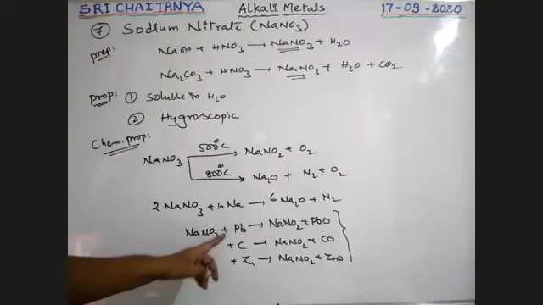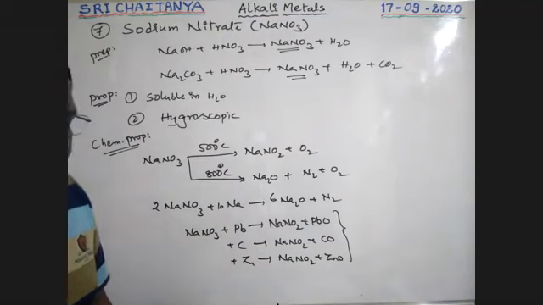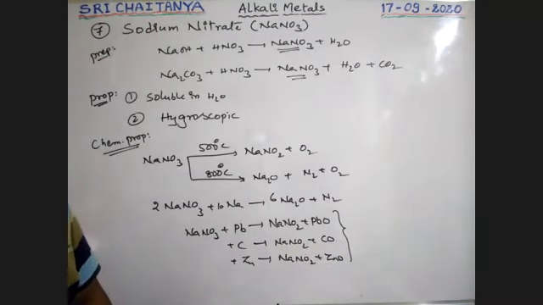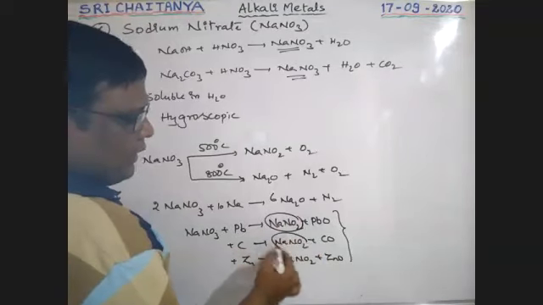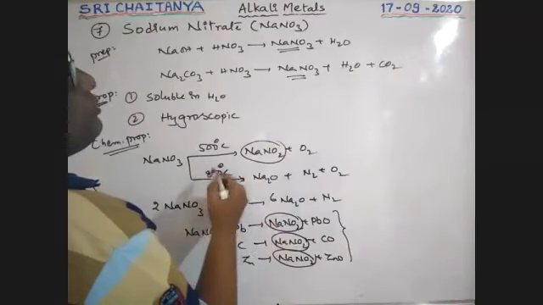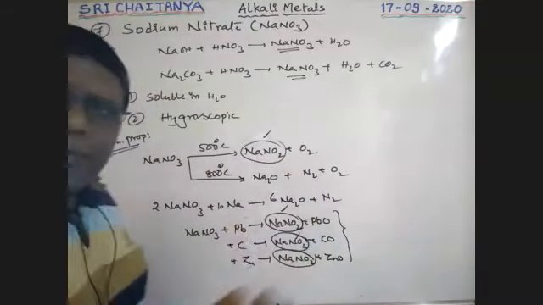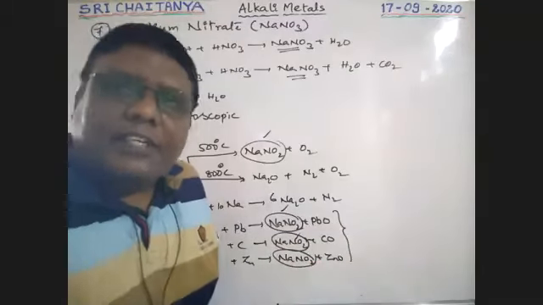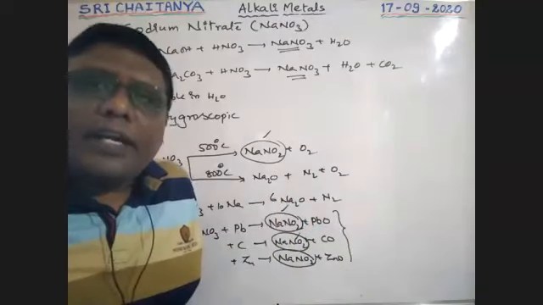So this is about the chemical reactions of sodium nitrate. See here, NaNO2 is formed in all of these. So these are also used as preparation methods of NaNO2 in the next case. That is why I will not write those equations, boys.